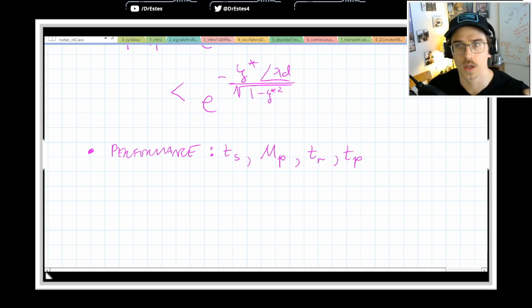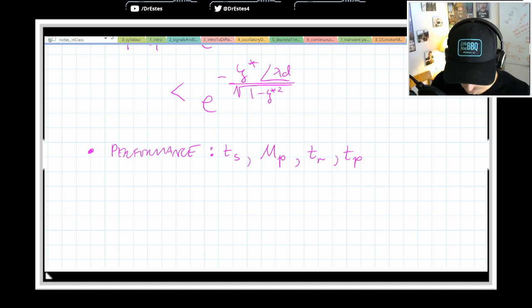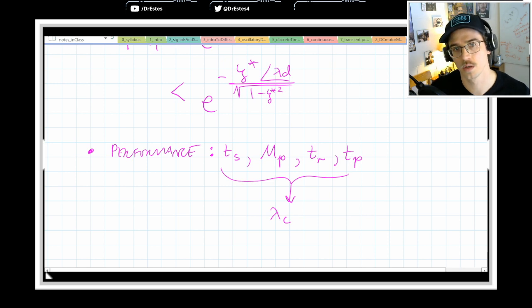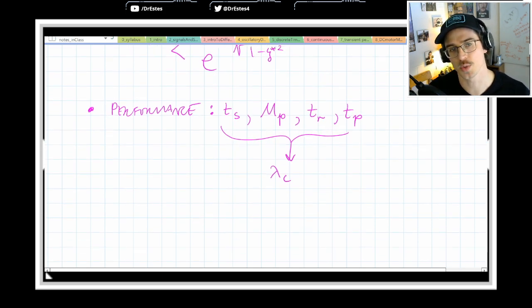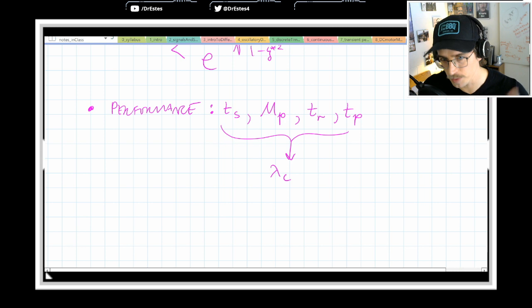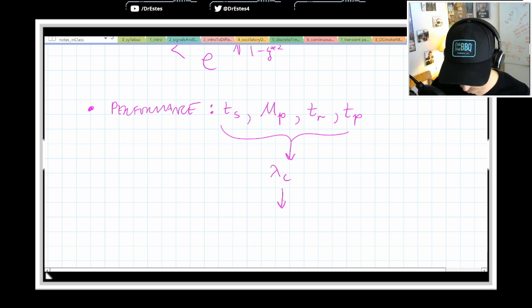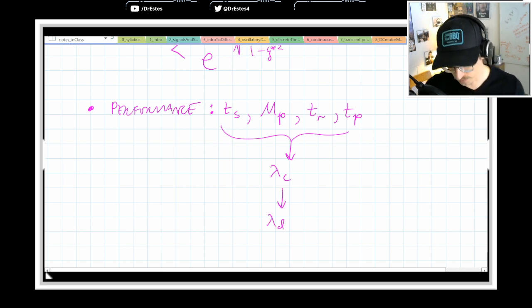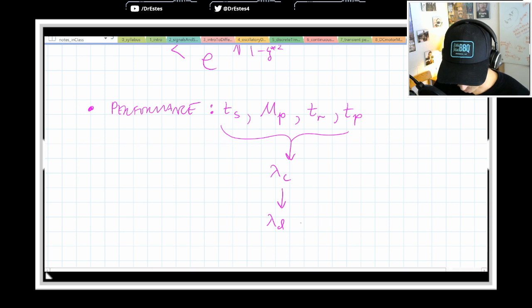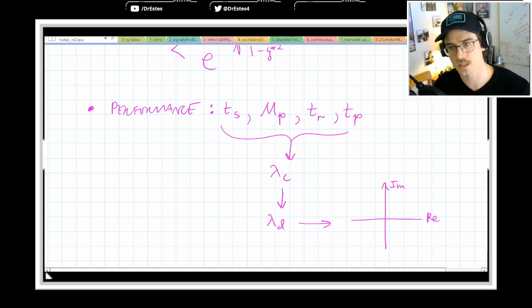Then you take this performance, which corresponds to some continuous time roots. Because we're doing digital control systems, implementing this on hardware, we have to convert this to discrete time roots. And you can draw these roots in the complex plane. You have the imaginary axis, you have the real axis.